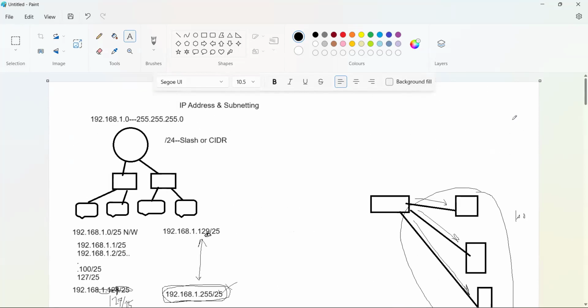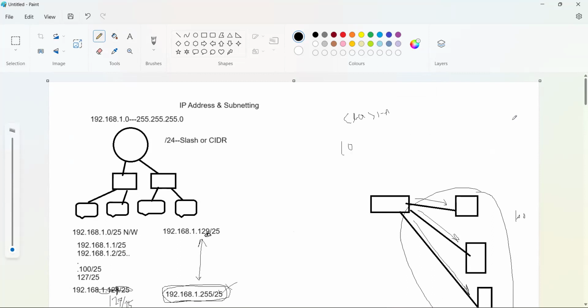Apart from that, here we have a class C value, but if you have class A also, like 10.1.1.1/8, the subnet mask is 255.0.0.0.